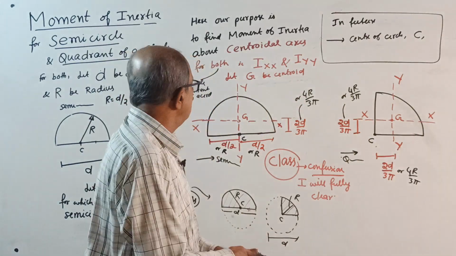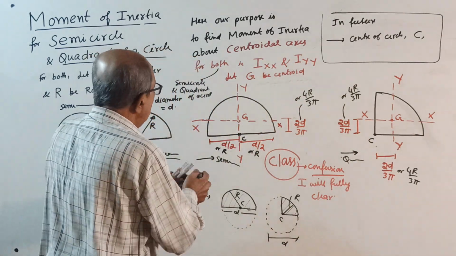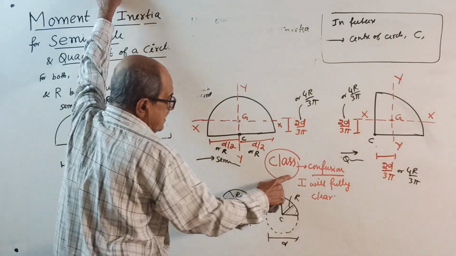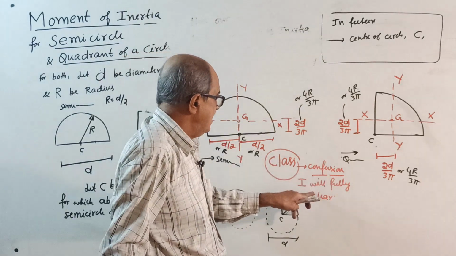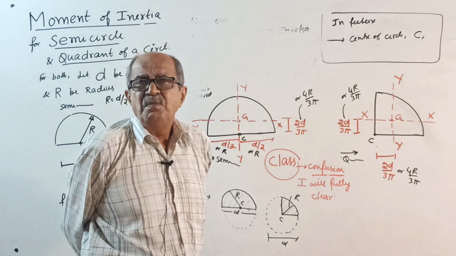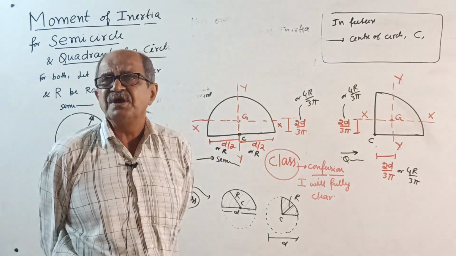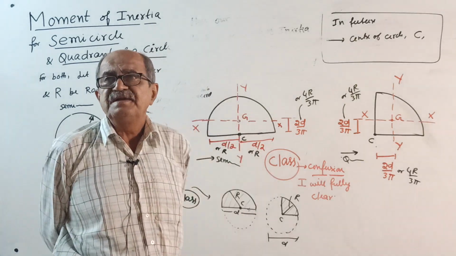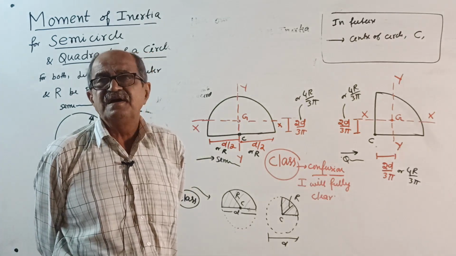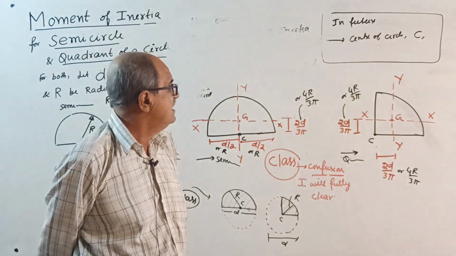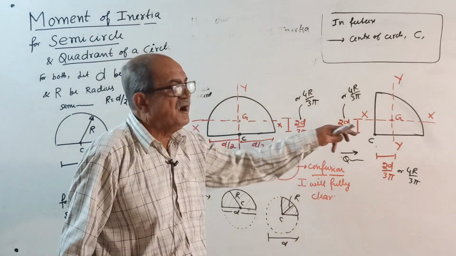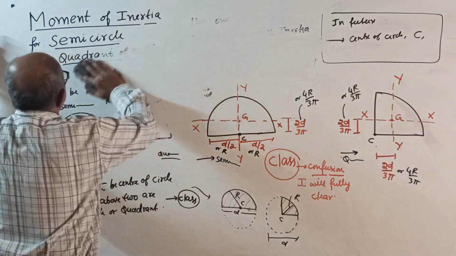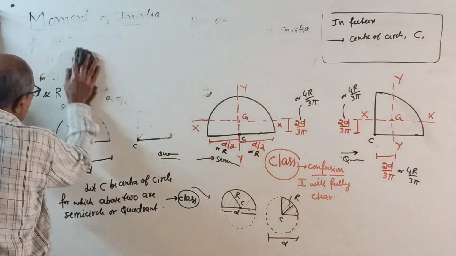Now I will tell you one thing. All this you write here now, then this I will remove. Class, I will fully clear the confusion. The majority of people got confused, especially for semicircle and quadrant. For rectangle, triangle, circle, nobody gets confused. But for semicircle or quadrant, so many have got confused about how to decide my I about the centroidal axis.